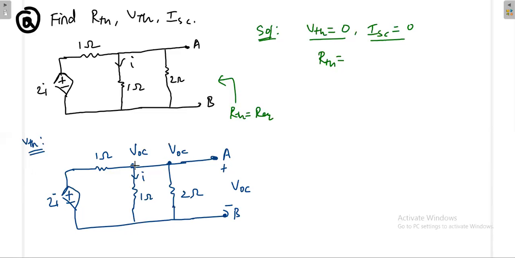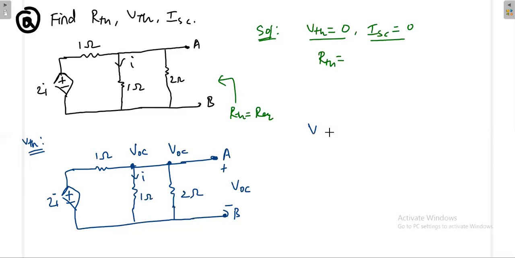That means this point, this point, or this point, all are single point only. So you can apply the nodal here. Then you measure the current leaving the junction is equal to 0. Once the current leaves like this, VOC minus 2I divided by 1 ohm.